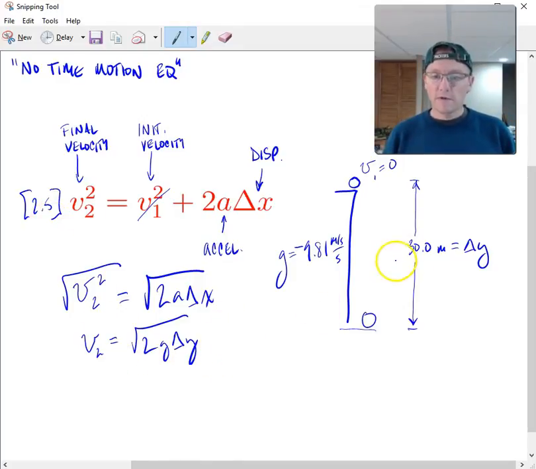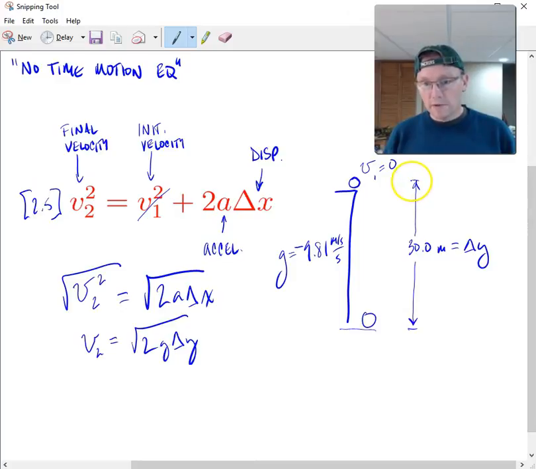So if I wanted to solve this here, how could I do it? Easy enough. How far does it fall? 30 meters. How much does it accelerate? Negative 9.81 meters per second squared. And you immediately see that you run into a problem, because 2 times negative 9.81 times 30 is going to give you a negative answer, and then you try to take the square root, and now we're into imaginary number land, and you don't want that.